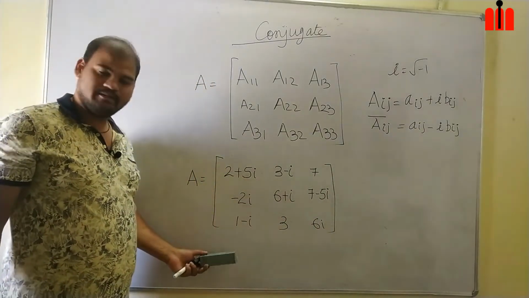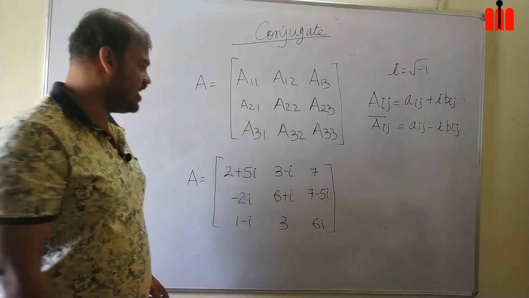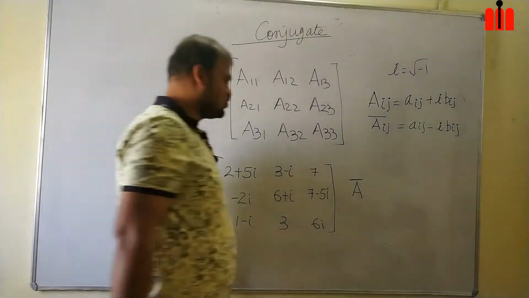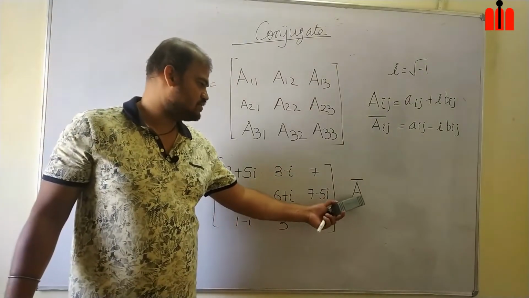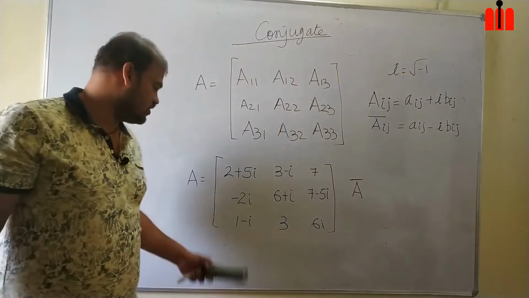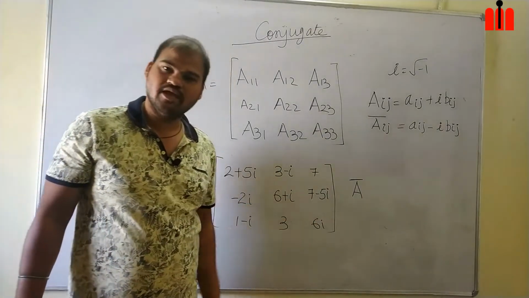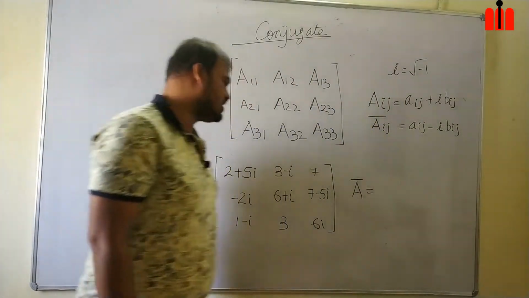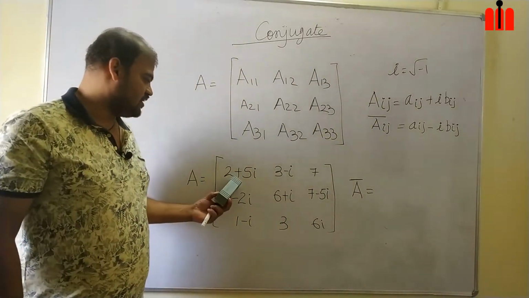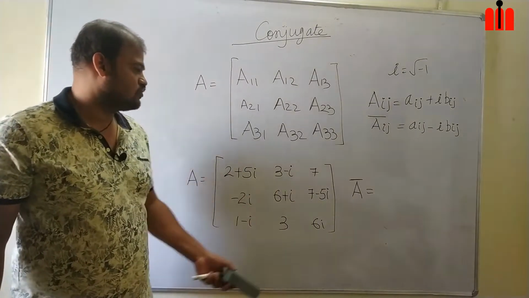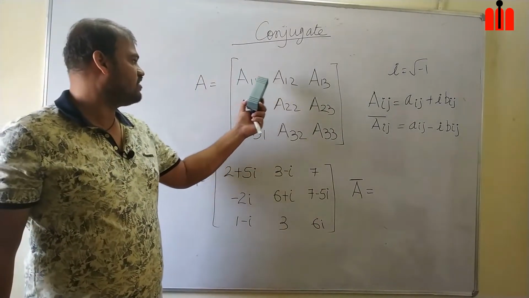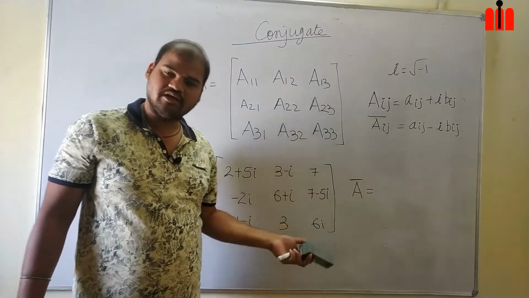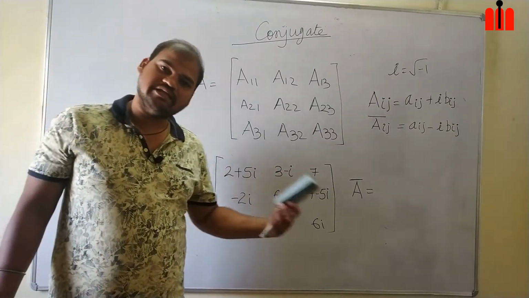Now take this example and find the conjugate. The conjugate of this A matrix is represented by A bar. Once you put A bar, it will become A11 bar, A12 bar, A13 bar, A21 bar, A22 bar, A23 bar, A31 bar, A32 bar and A33 bar.